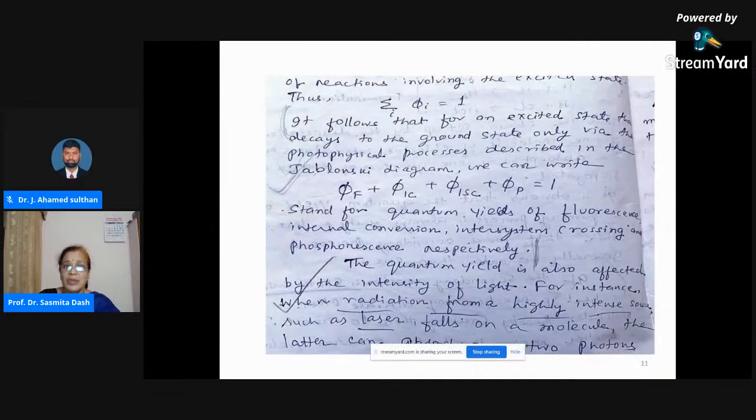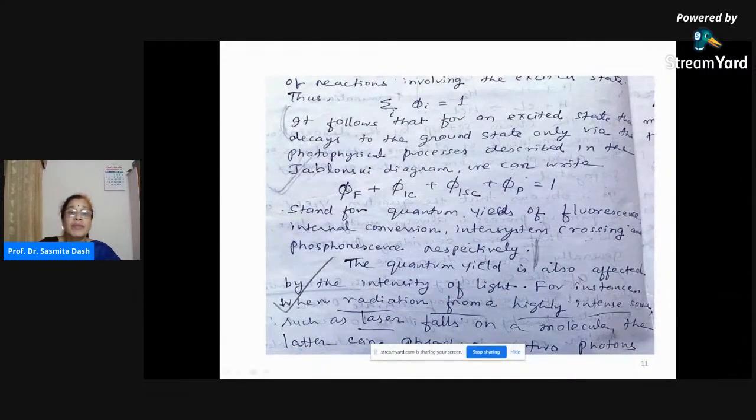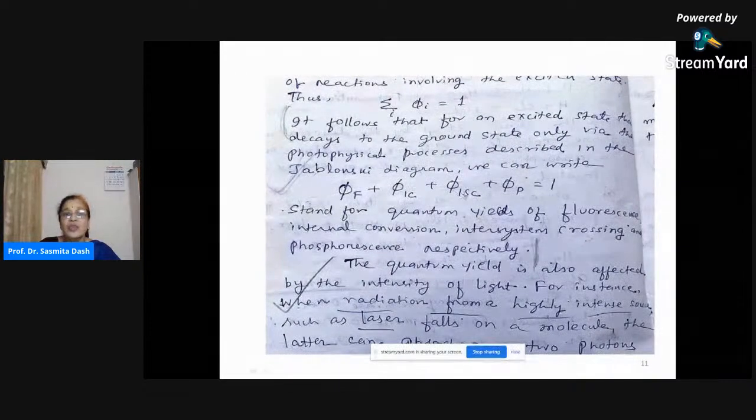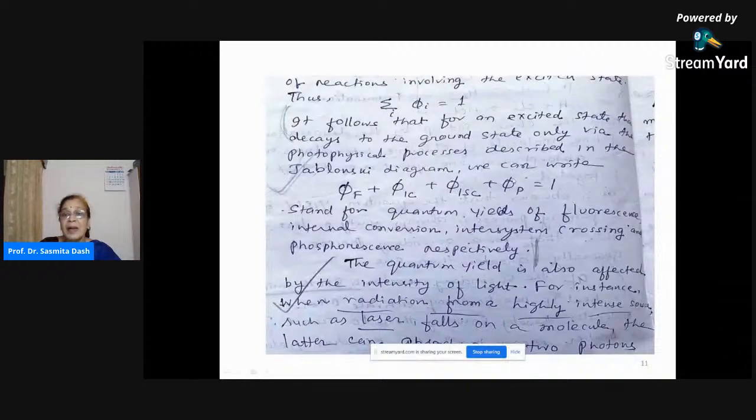So in the Jablonski diagram, we have to mention each fraction this way: phi F standing for the quantum yield for fluorescence, the quantum yield for phosphorescence, the quantum yield for IC, internal conversion, and the quantum yield for intersystem crossing. All the four processes give rise to the total quantum yield of the photochemical reaction, which sums up to 1.